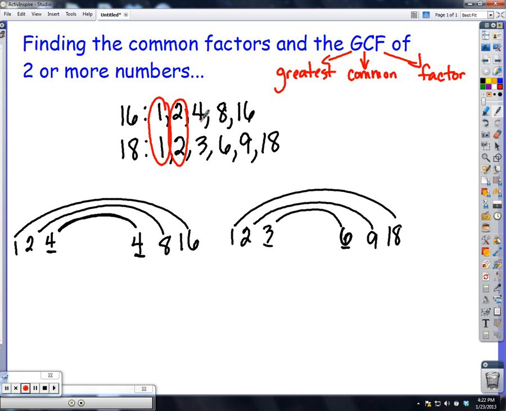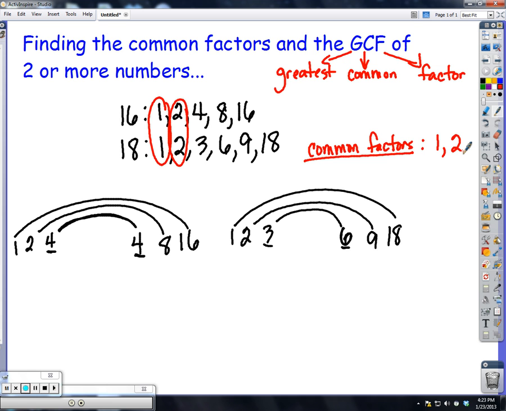And then when I look down, 4 is not a common factor of 18, 8's not a common factor, and so on. So there are no other factors that 16 and 18 have in common with each other except for 1 and 2. So the only common factors that 16 and 18 share are 1 and 2.